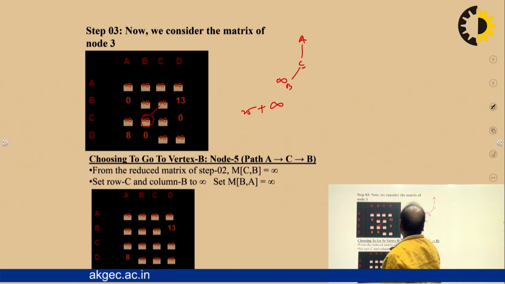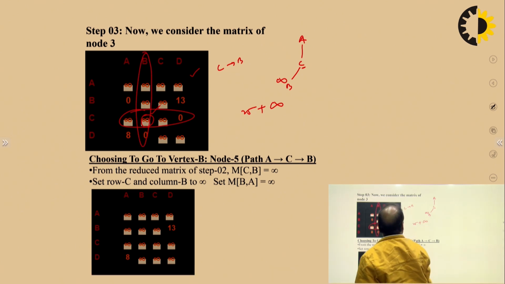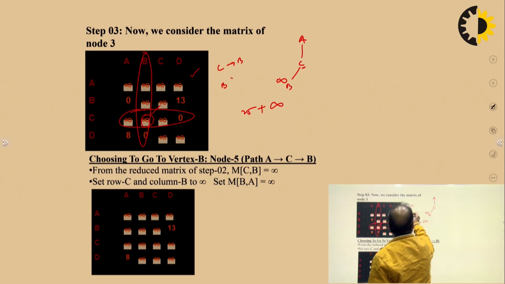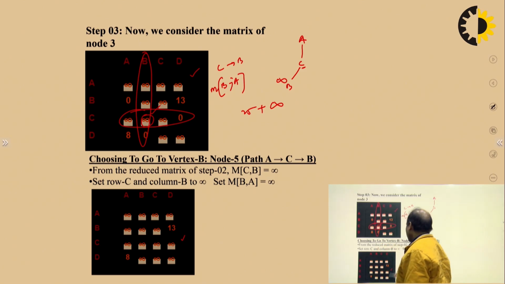So this was, once we take this, we are interested in C to B. So this row C needs to be infinity, column B needs to be infinity, and B to A, the matrix entry BA, needs to be infinity, right? So B to A is infinity, row C is infinity, and column B is also infinity. This is the one we are going to compute the row reduction from.